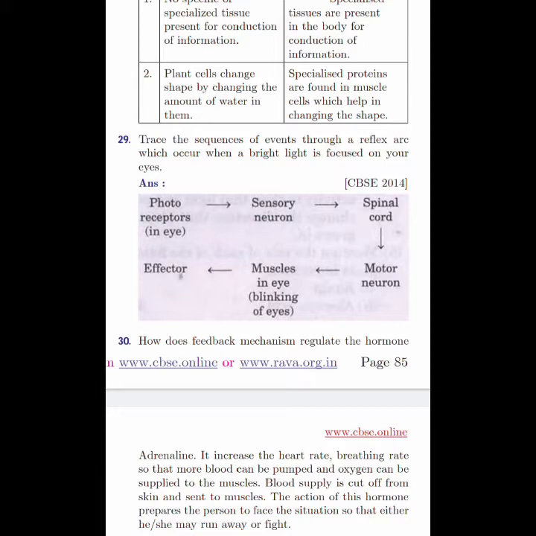Trace the sequence of events through a reflex arc which occur when a bright light is focused on your eyes. The answer is: photoreceptors which are there in the eye move to sensory neurons. From sensory neurons it goes to the spinal cord. From the spinal cord to motor neuron to muscles in the eye. So it starts blinking the eyes and that is the effector. Then it moves to effector cells.